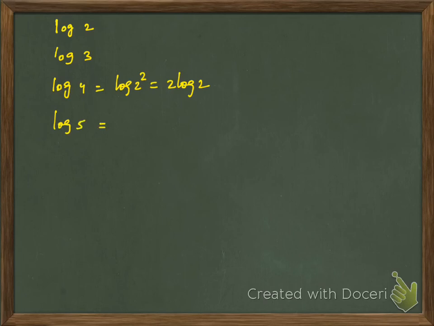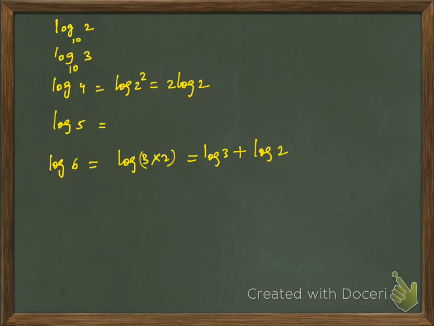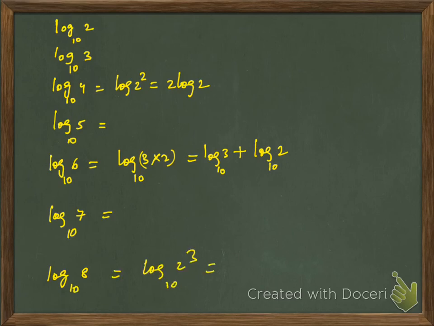Log 5 you are supposed to remember. Log 6 can be written as log 3 times 2, that is equal to log 3 plus log 2. If nothing is mentioned, base is 10, of course. Log 7 to the base 10. Log 8 to the base 10 can be written as log of 2 cube to the base 10, so that will give you 3 log 2 base 10.